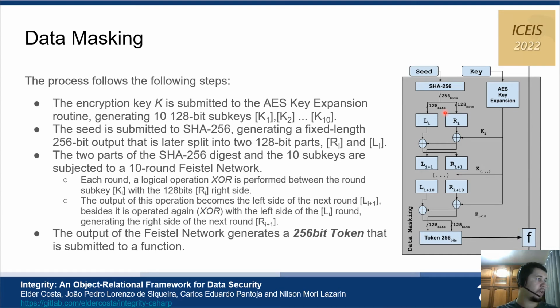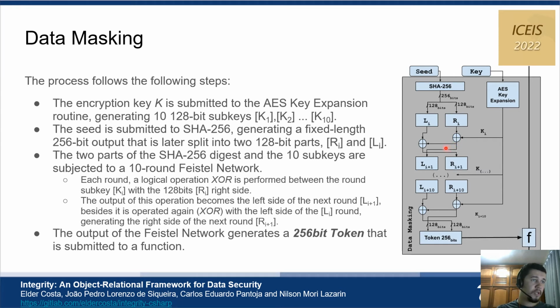The two parts of the SHA-256 digest and the 10 subkeys are subject to a 10-round Feistel network. For each round, a logical operation XOR is performed between the round subkey and the right side. So the first step is the first subkey passing through an XOR with the right side.